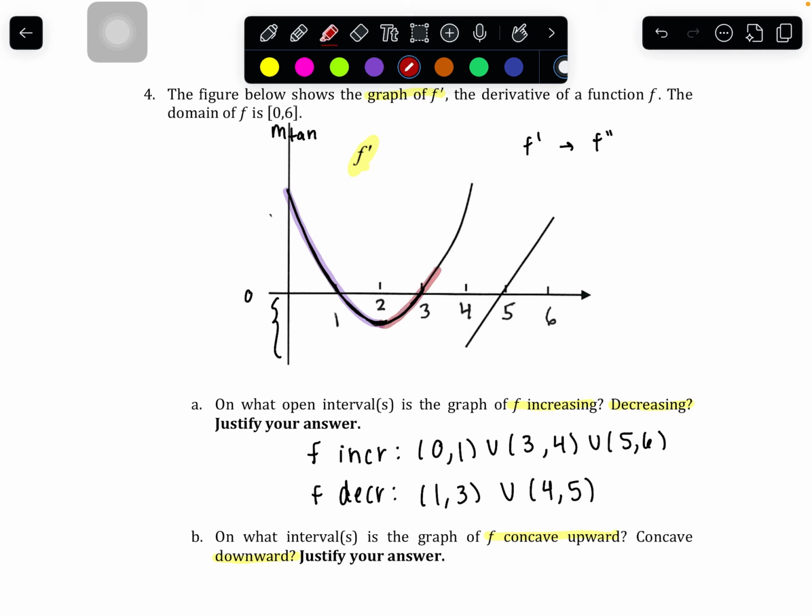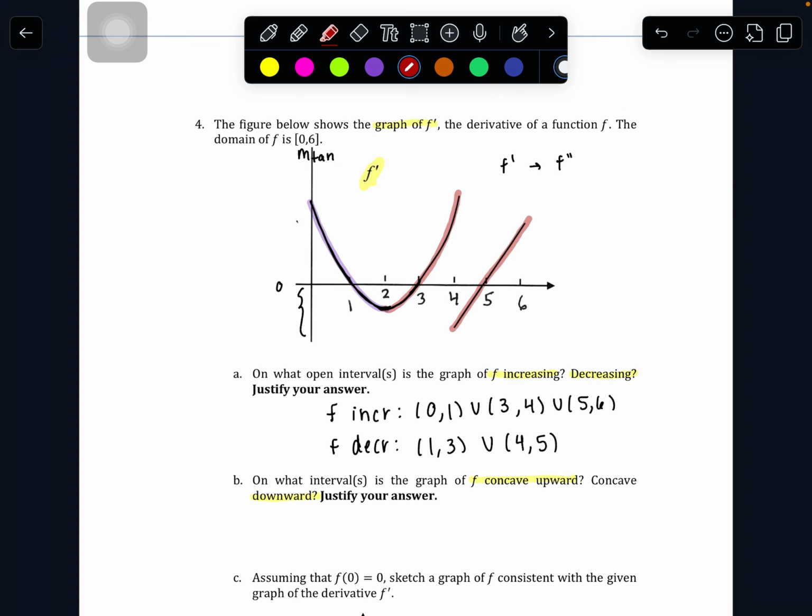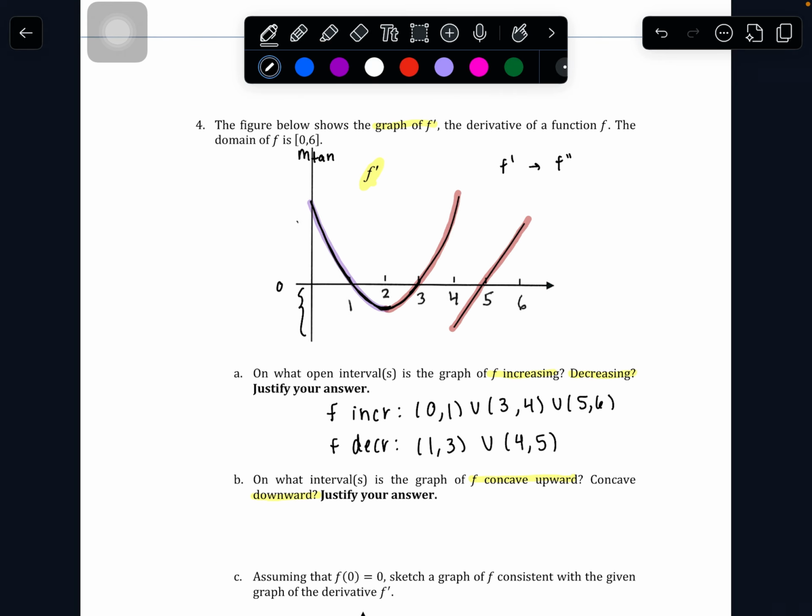All right, here we go. I'm increasing, and then I'm increasing. Okay, so that means I'm concave down from 0 to 2 because I have negative slopes.